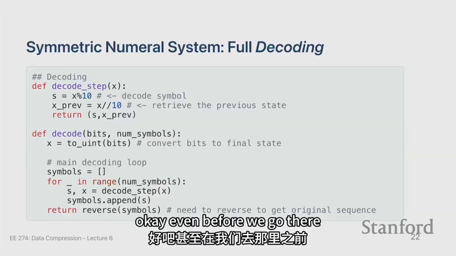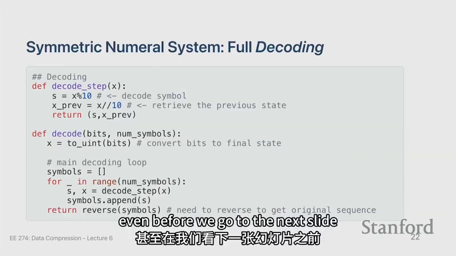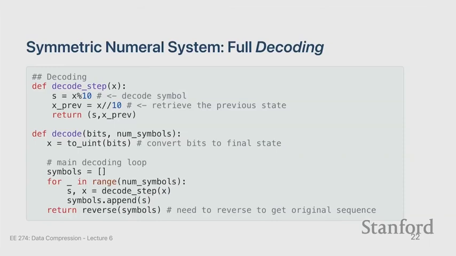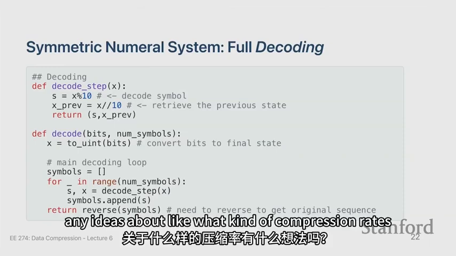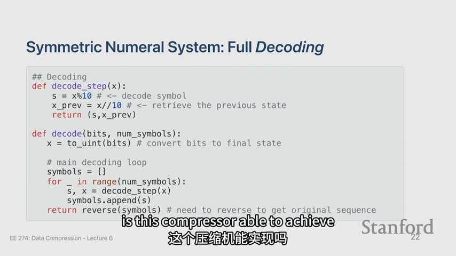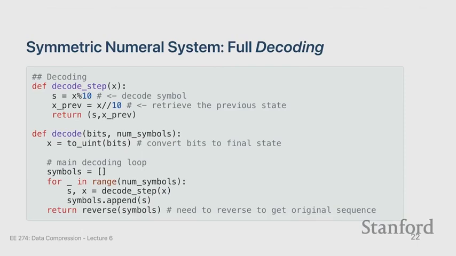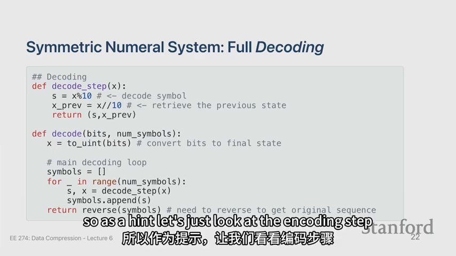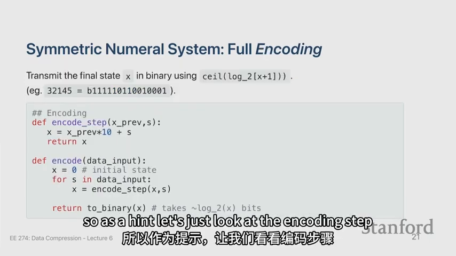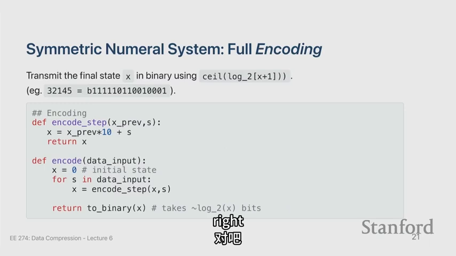Okay, even before we go to the next slide, any ideas about what kind of compression rates this compressor is able to achieve? As a hint, let's just look at the encoding step, right?